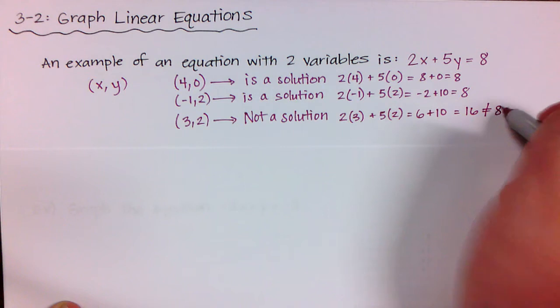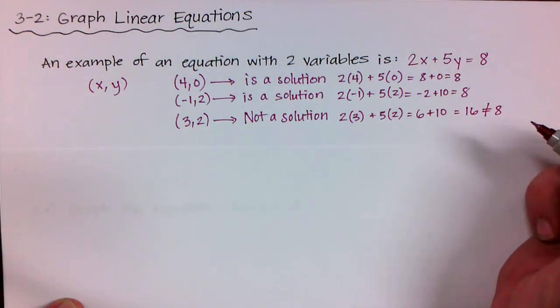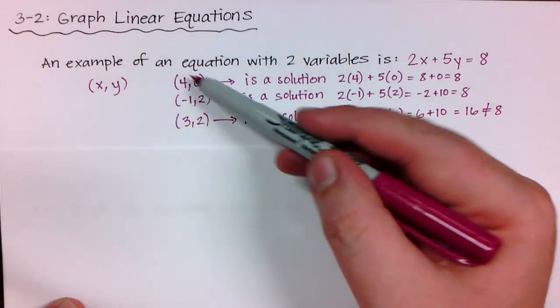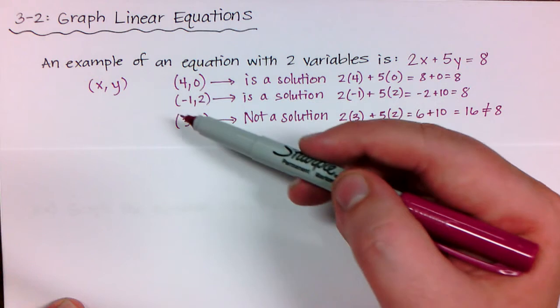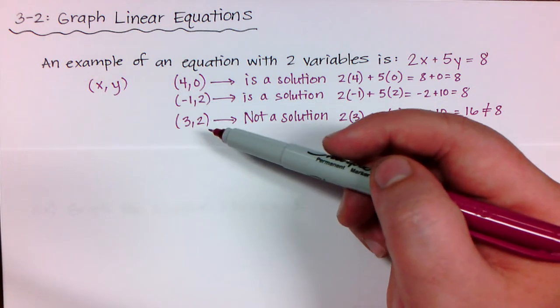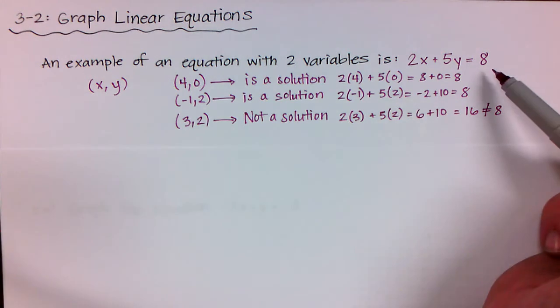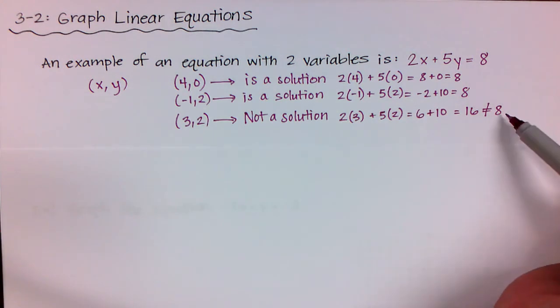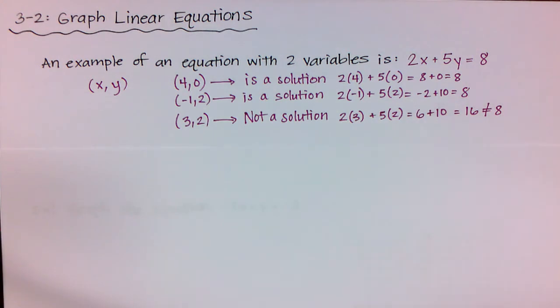But that is not the same as 8, so it is not a solution. So you're going to be able to find multiple coordinates that are solutions, but you also need to be able to figure out, hey, I have this coordinate, is it a solution for my equation? And be able to figure out why that is or is not true.